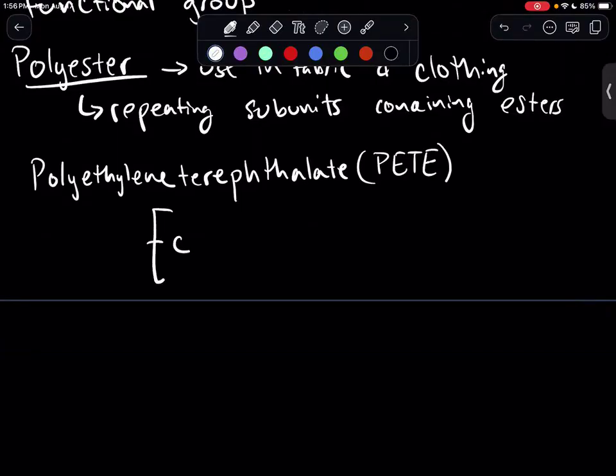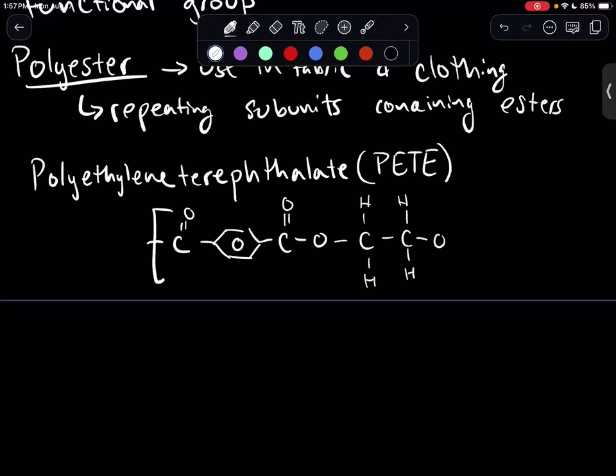This is a very common polyester, but the structure is simply just, and I say simply, but it's not a simple structure, it's actually quite complex. We have this C double bond O, which creates one part of that polyester along with a benzene, then our actual ester between two separate subunits, and then we have our carbon, hydrogen, hydrogen, carbon, hydrogen, hydrogen, oxygen bond, N. And so this is the polyester that generally makes up your clothing.